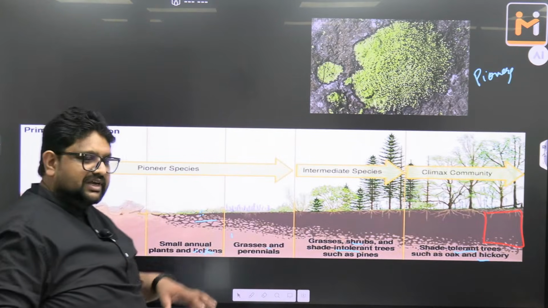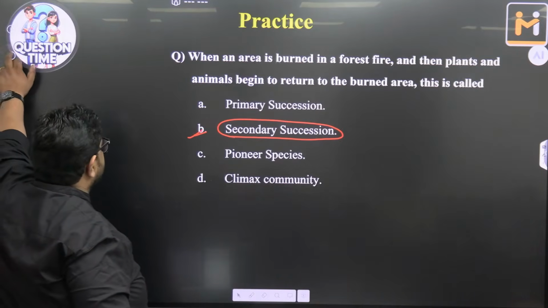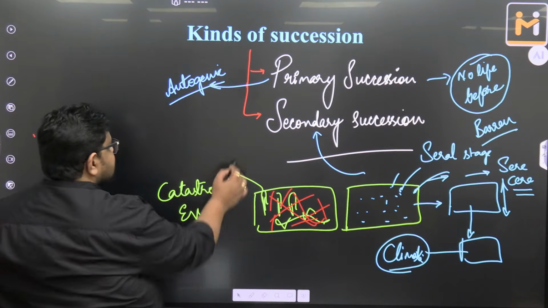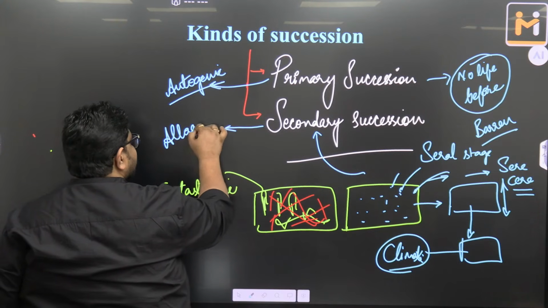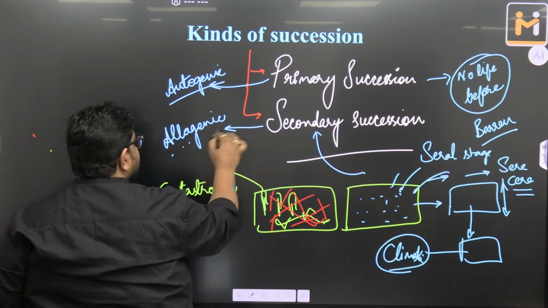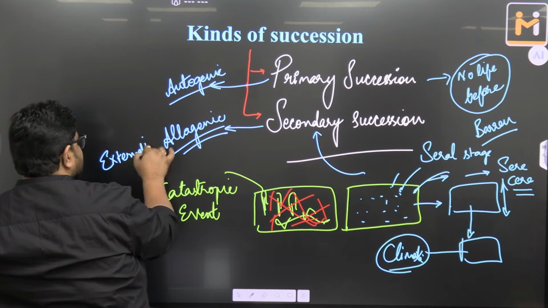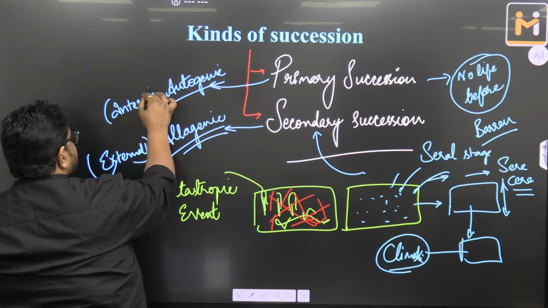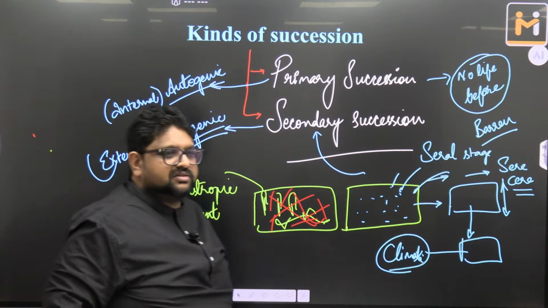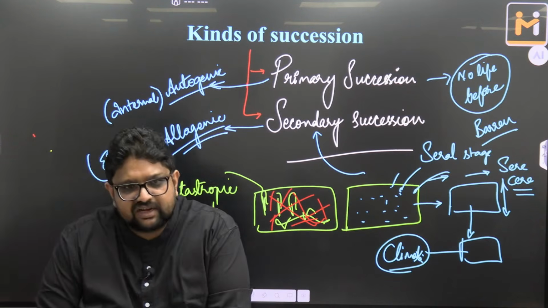So this is autogenic, all the changes are happening because of its own internal factors. But secondary succession is because of allogenic factors. What are allogenic factors? External factors. What does external mean? Forest fire, coming from outside. Drought is external.